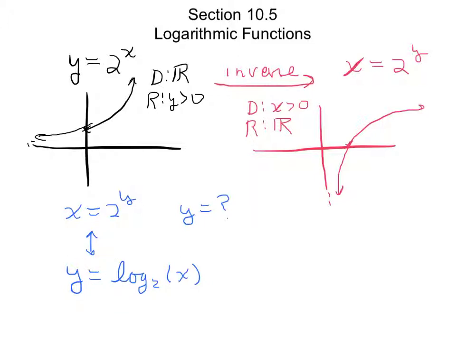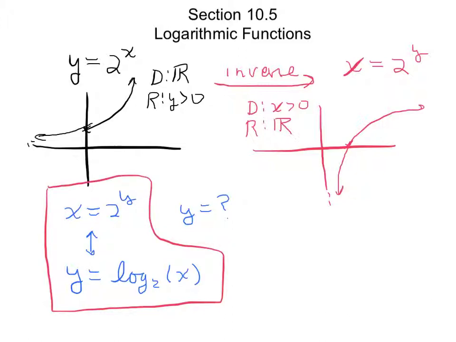If you can understand this relationship, you've got logs pretty much knocked. The idea that we want to make sure that you get is that every exponential expression can be written as a logarithmic expression, and every logarithmic expression can be written as an exponential expression.